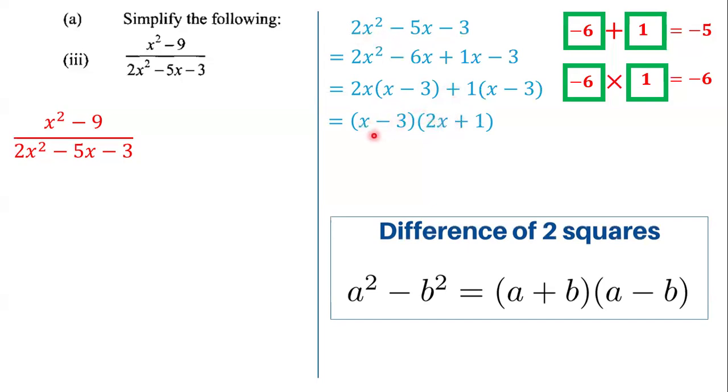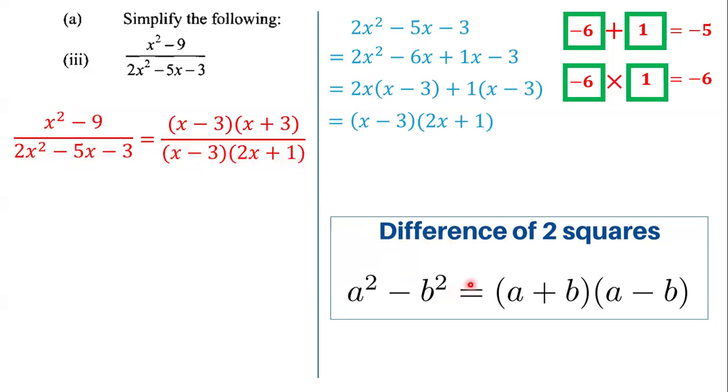And this factored form is the factorized expression of this expression here. And so that means that 2x squared minus 5x minus 3 is equal to x minus 3 multiplied by 2x plus 1.